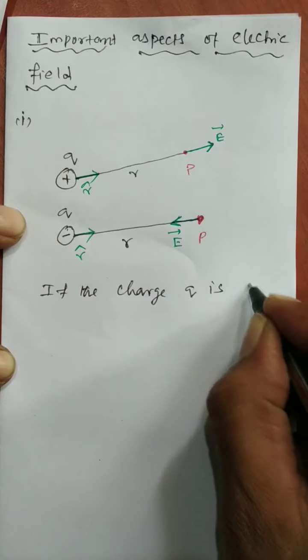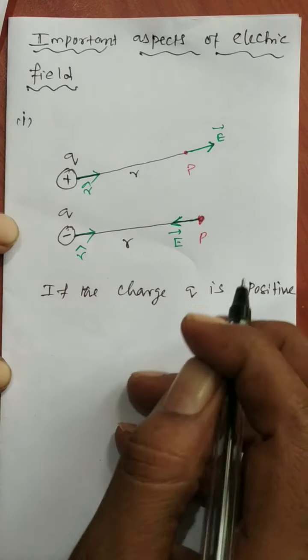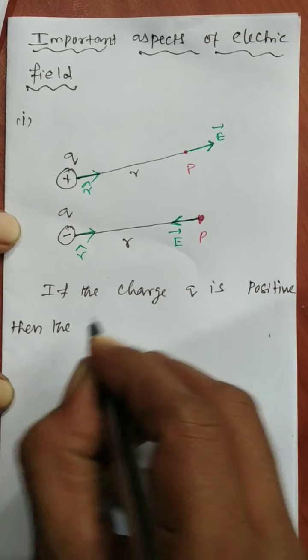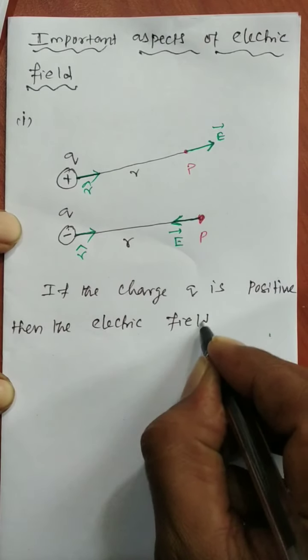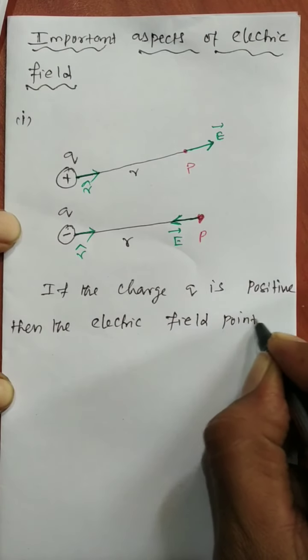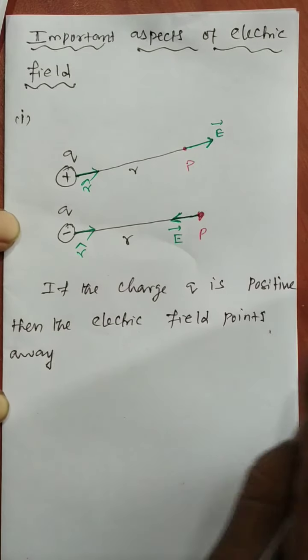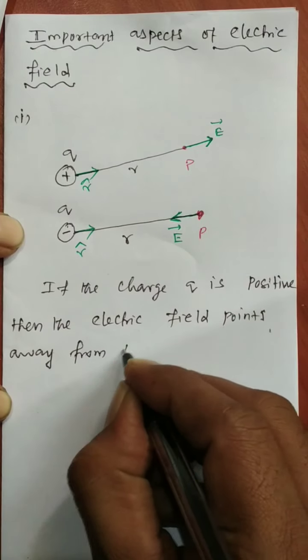So the conclusion is, we can write: if the charge Q is positive, then the electric field points away from the source charge.